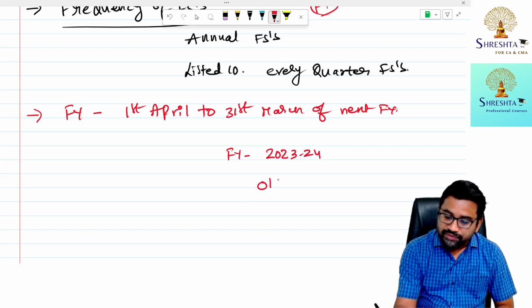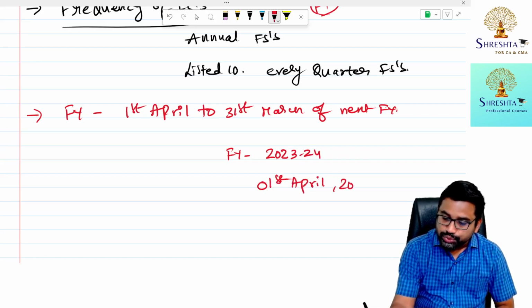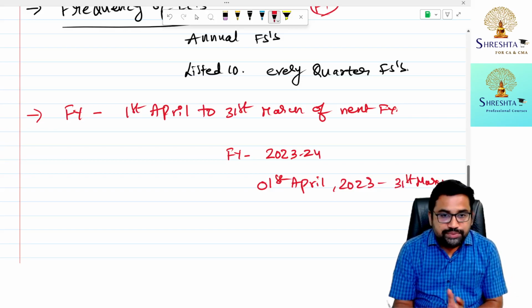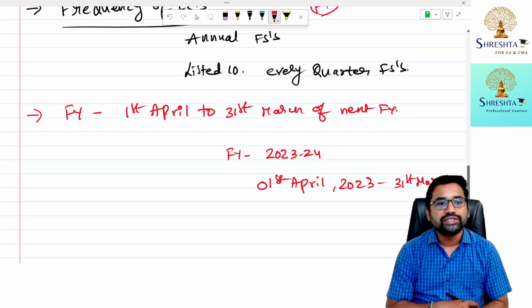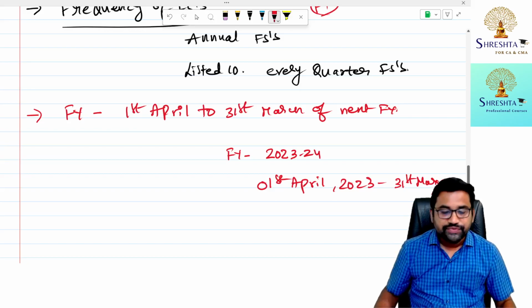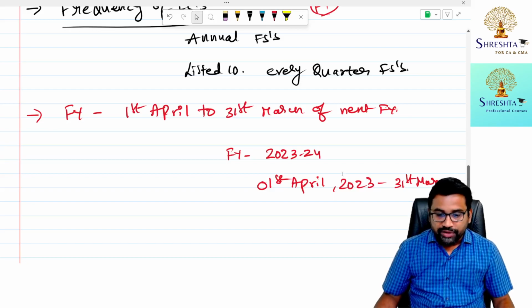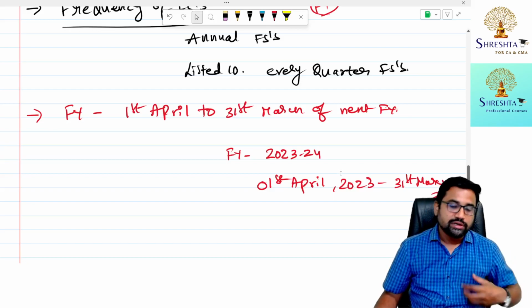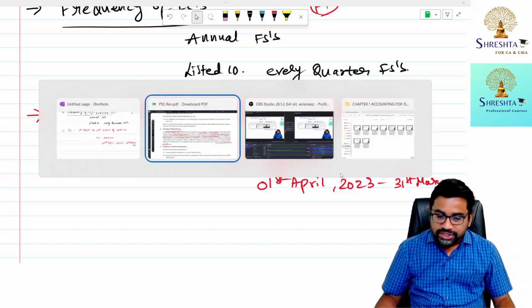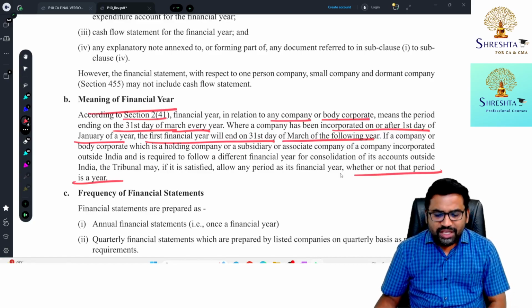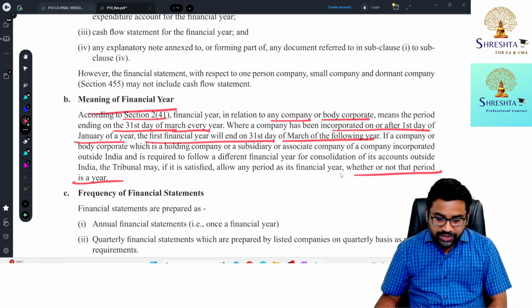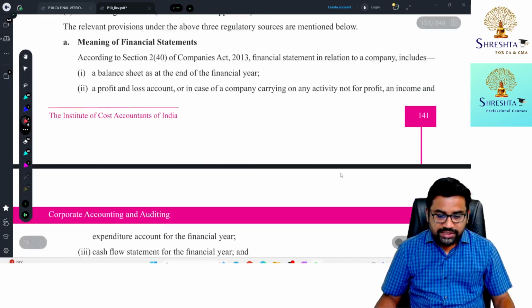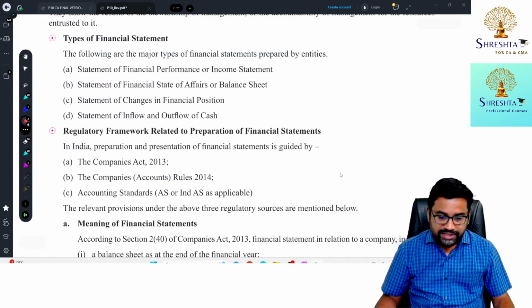That means it is from 1st April 2023 to 31st March 2024. This is the financial year, and for this financial year we will prepare financial statements. So this is the concept of financial year. Just remember this. There is a definition. Now frequency also we discussed, and what financial statements are also we discussed.